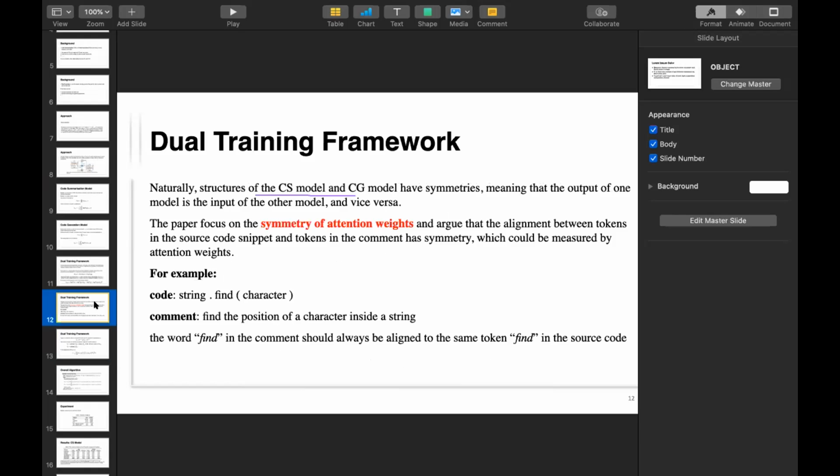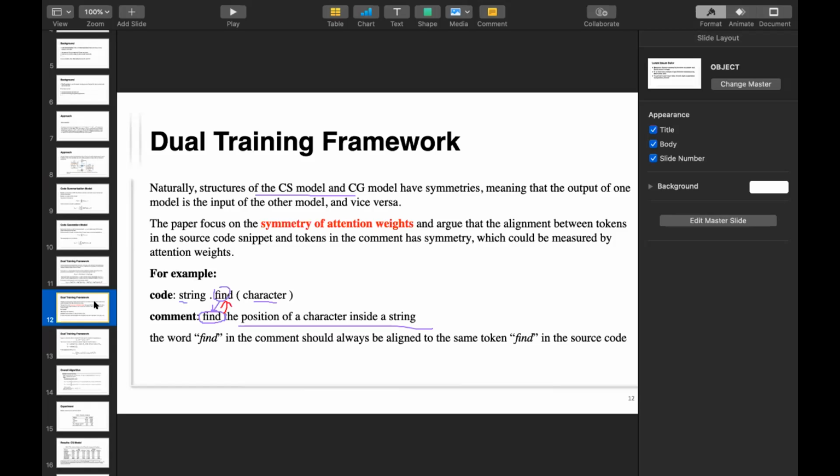Your point is that this token find, compared to the rest of the code, should have a higher contribution to this find. And this find, compared to the rest of the tokens, should have a higher contribution to this find in the code.